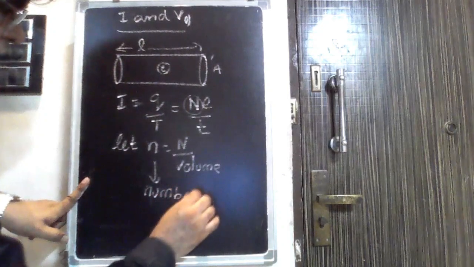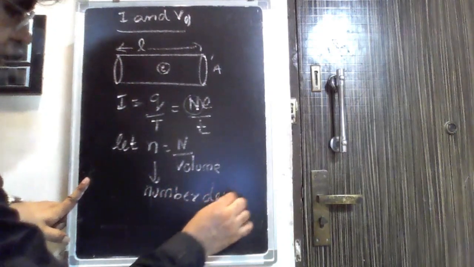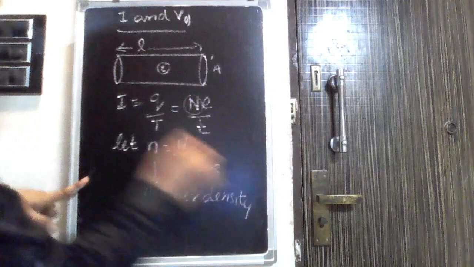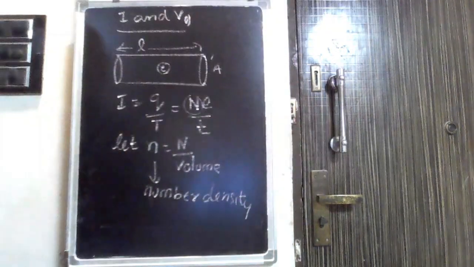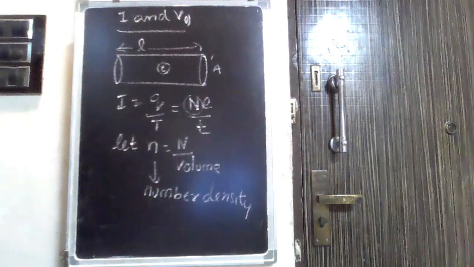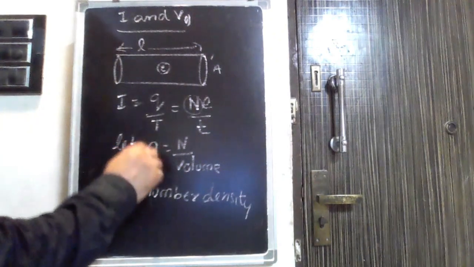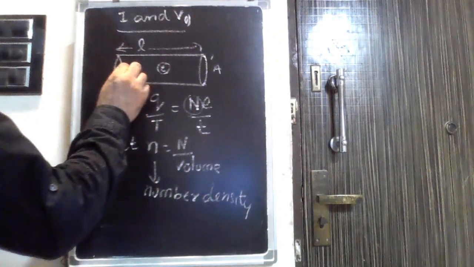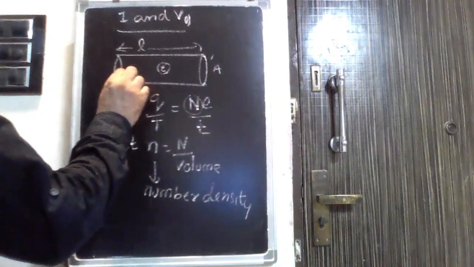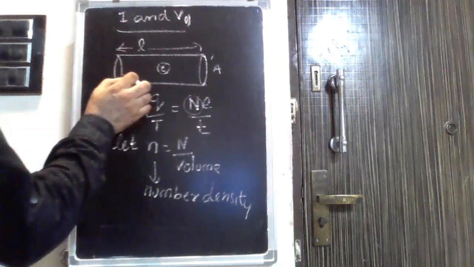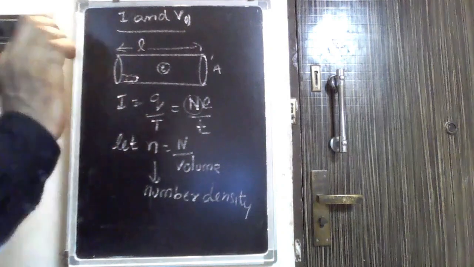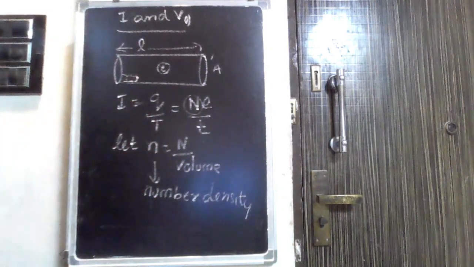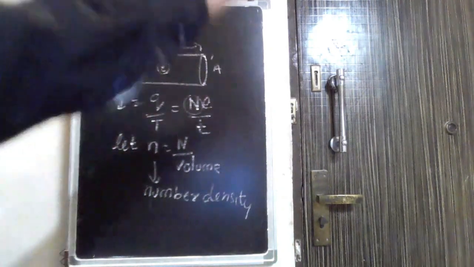Imagine this copper wire is some 30 cubic centimeters. I'm finding out the number of electrons present in 1 cubic centimeter of it. So I'm not finding the value for the complete wire.